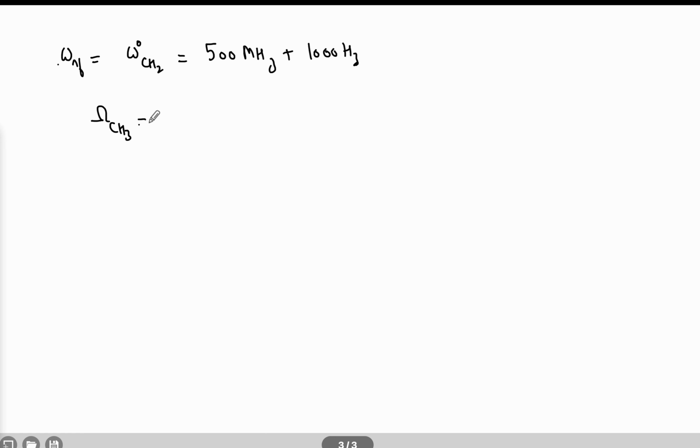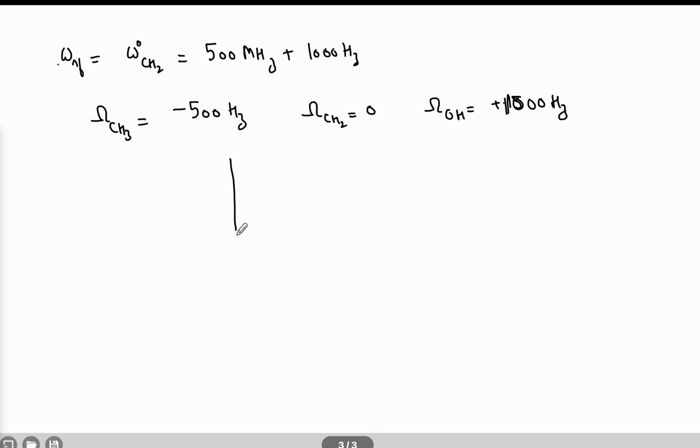Offset for CH3 will be minus 500 hertz. And offset for CH2 will be 0 because I'm keeping it at that frequency, and offset of OH will be plus 1000 hertz, right?